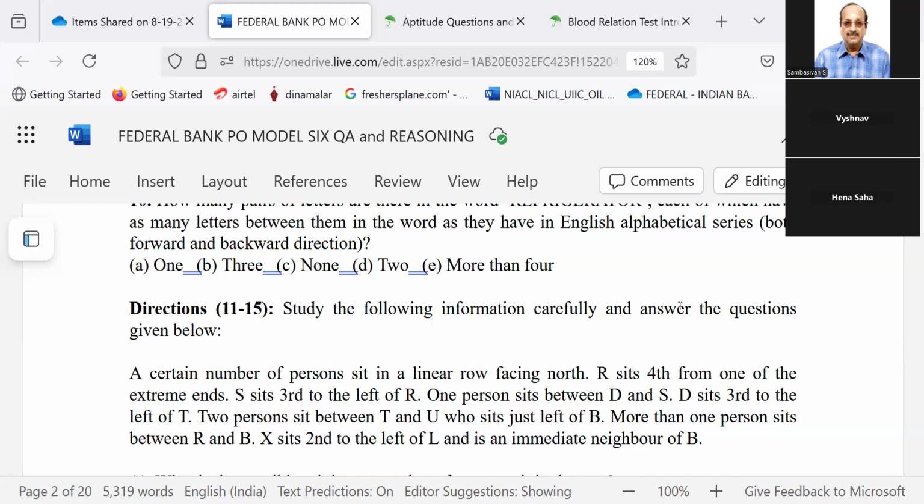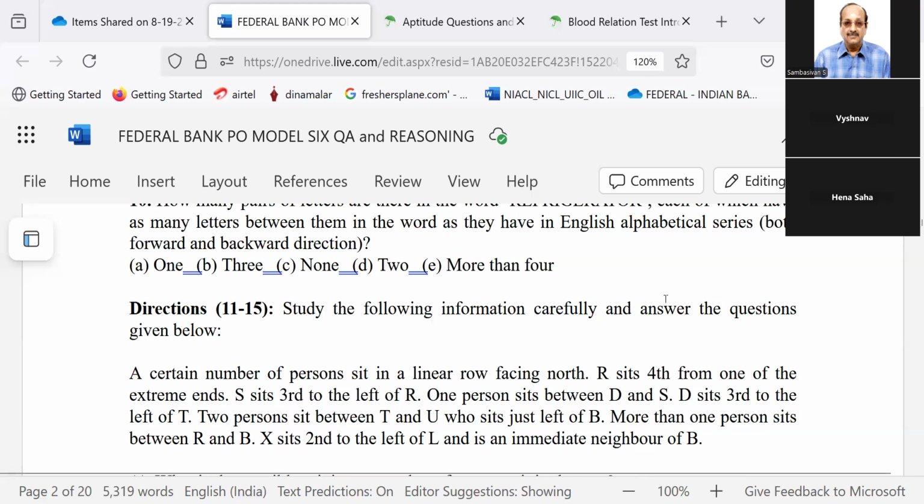Whereas if you draw another picture with R sitting on the fourth place from the right end, it gets eliminated in one question, say when they are discussing D and T. When those options come, then it gets eliminated.